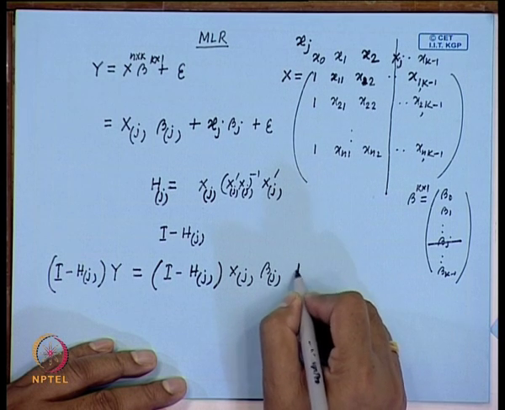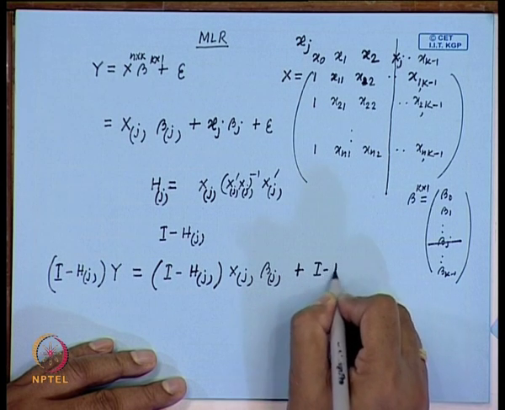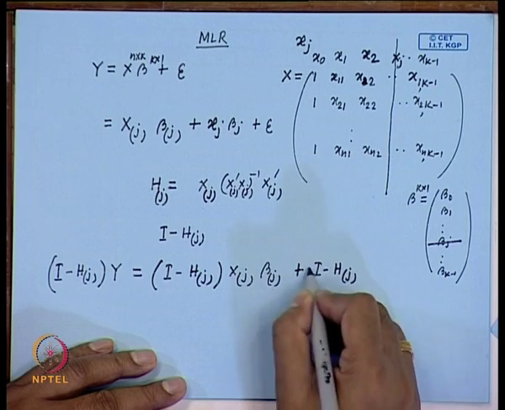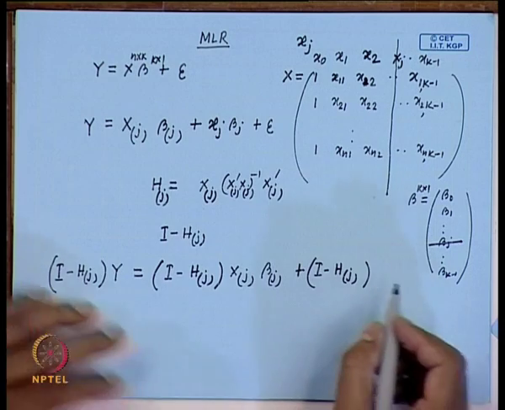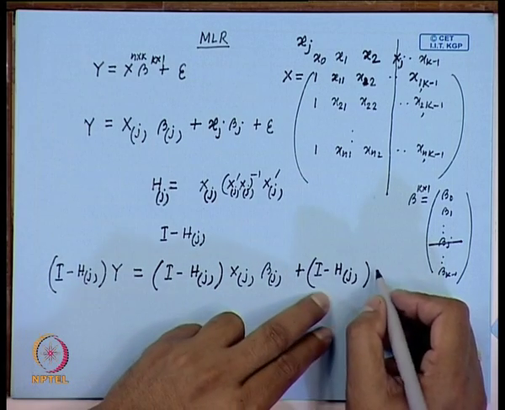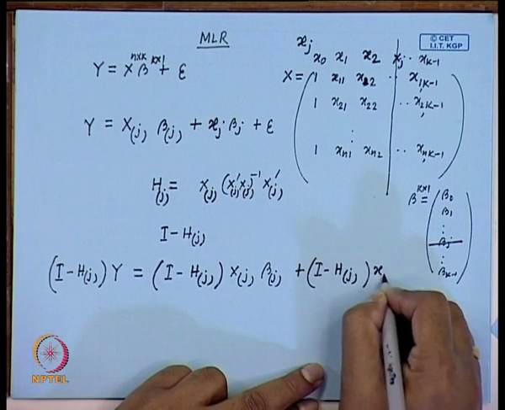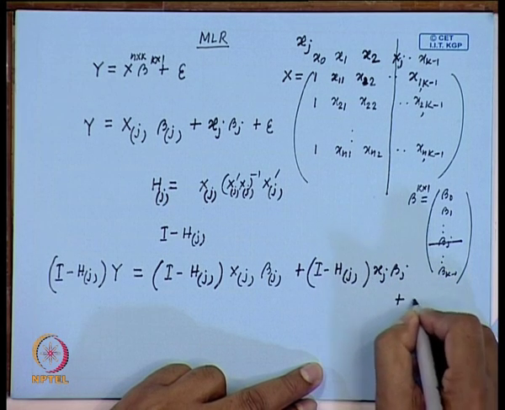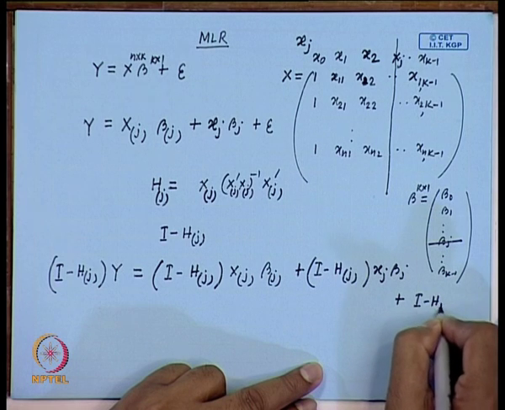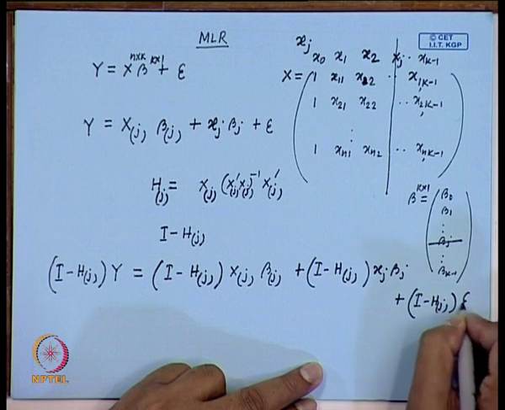Anyway, so plus I minus H_j, this is the equation, x_j β_j plus I minus H_j epsilon.